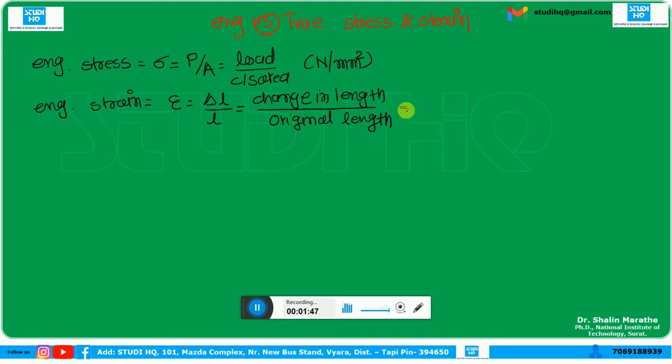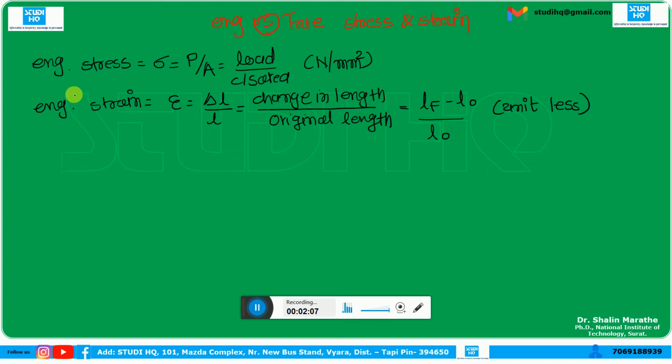Change in length we can get as the final length minus the original length, upon the original length, and this term is unitless. So this is engineering stress and engineering strain.